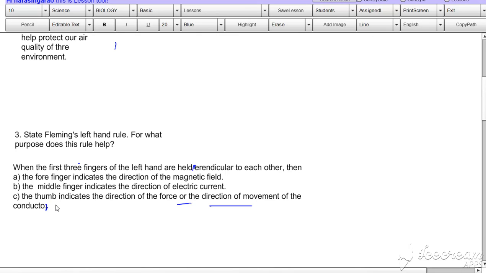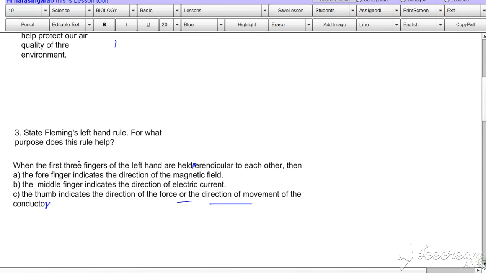I missed the conductor. So when you stretch three fingers of your left hand, the forefinger indicates the direction of the magnetic field. The middle finger indicates the direction of the electric current. The thumb indicates the direction of the force or direction of the movement of the conductor. So third question is over.